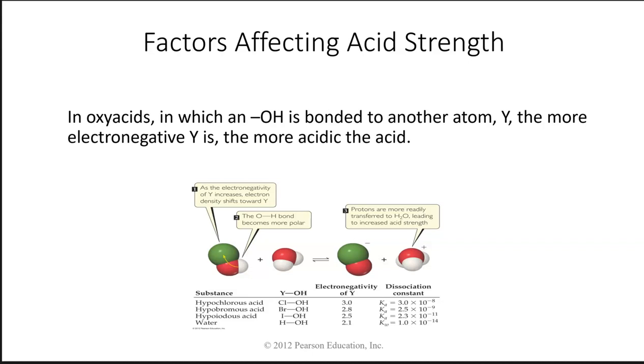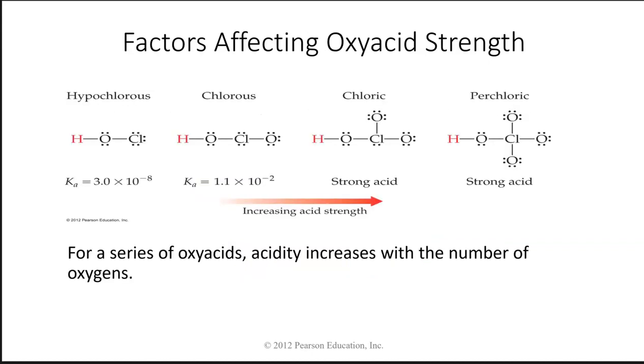As we work our way up from iodine, bromine, and chlorine, those halogens on the table, we become more acidic. But we can also increase the acid strength of an oxyacid by increasing the number of oxygens that it has.